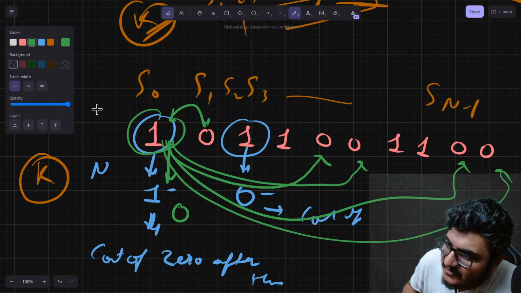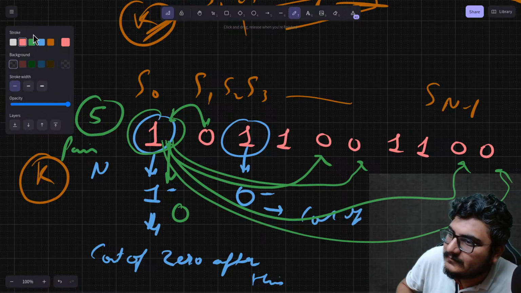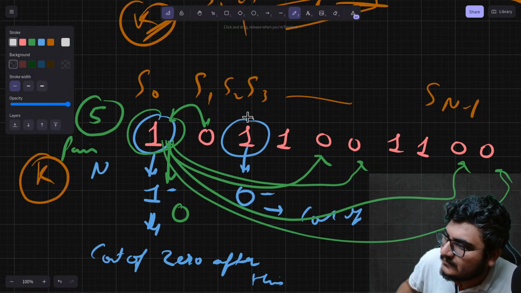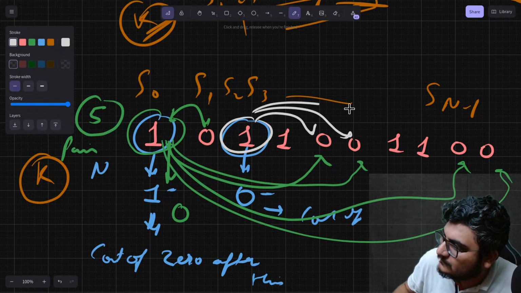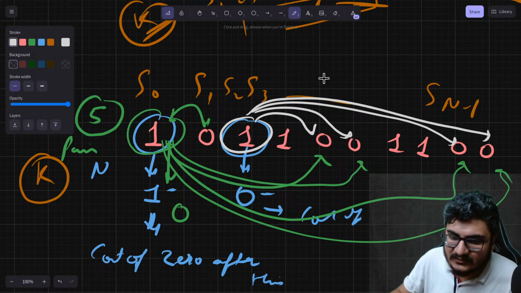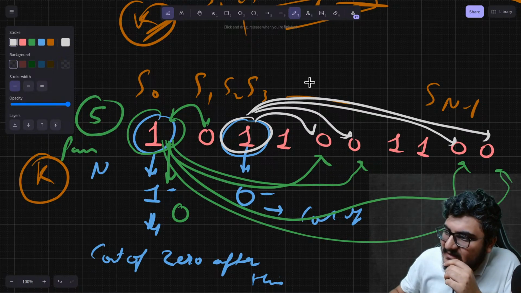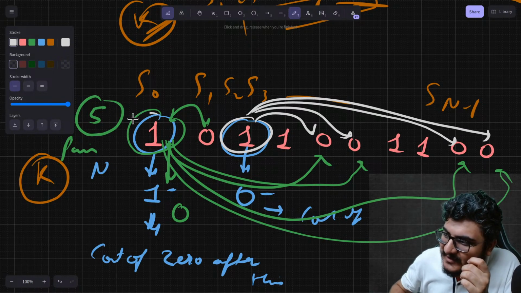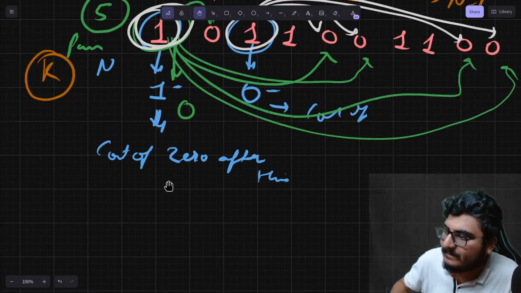So this one is a part of 5 pairs. And this one is a part of 4 pairs: 1, 2, 3, 4. So if we have to be greedy here, then it's always better to change the one which comes first rather than any element at last.